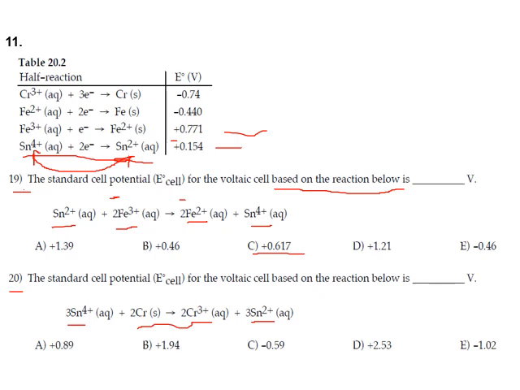So that's this top one here, but it's going to be going in the opposite of the way it's written. So it's going to be going in the reverse direction. So we reverse this half reaction and change the minus to plus. So that becomes plus 0.74 plus 0.15 is about plus 0.89. And that's going to be answer choice A. So we've got answers of C and A. Next slide.